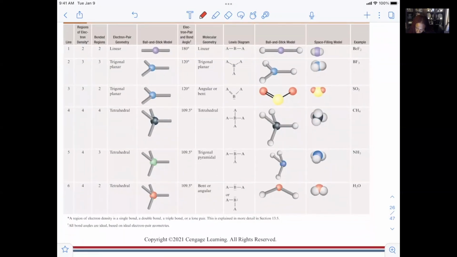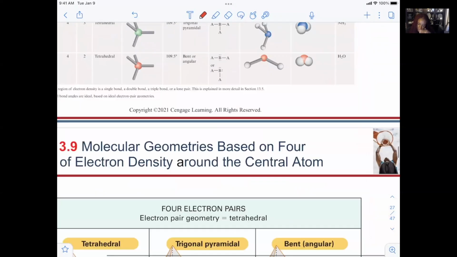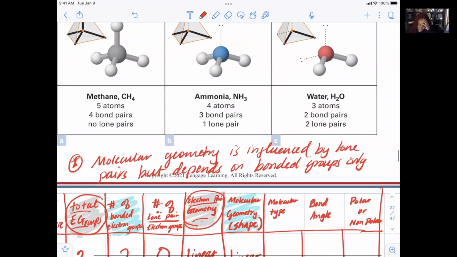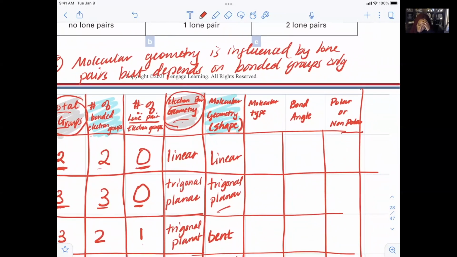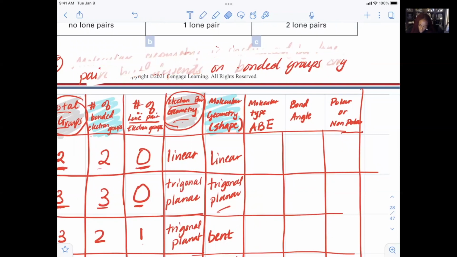Anyway, I'm going to use ABL here, but let's say ABE, because I think your lab may be ABE. Some books use ABE, some use ABL, but let me interpret what these letters stand for.